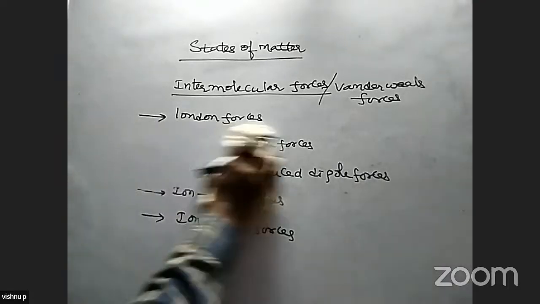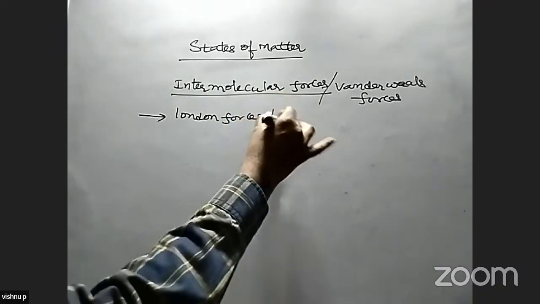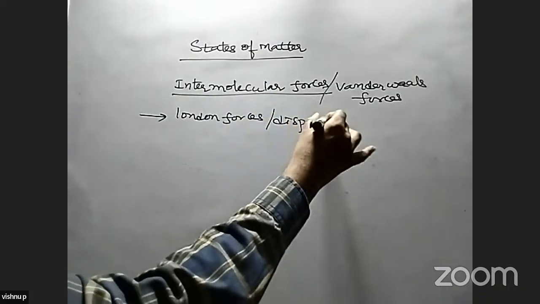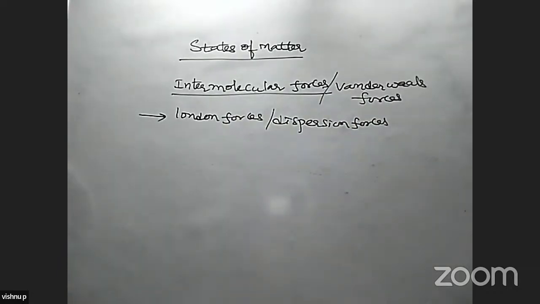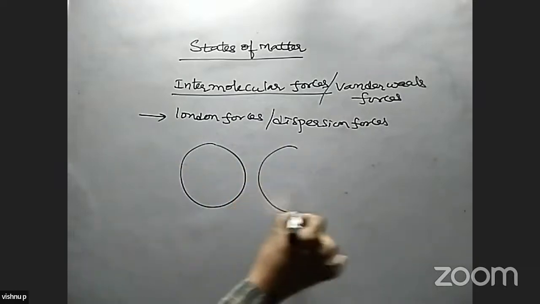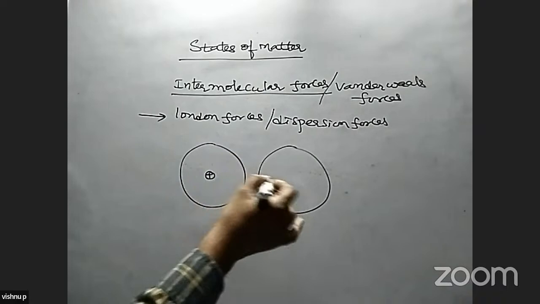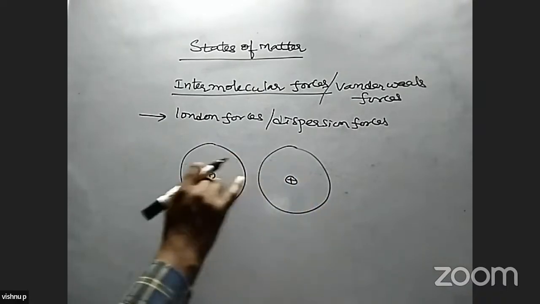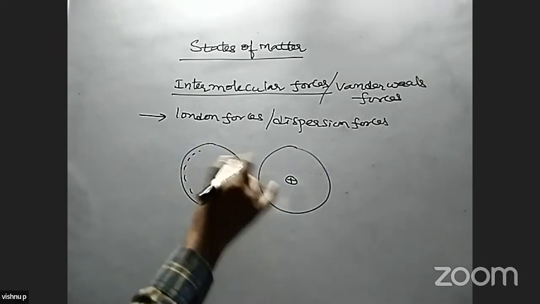First, we start with the London forces. One more name is dispersion forces. It is applicable for what type of molecule? Non-polar molecules. In a non-polar molecule, for a very short or instant time, the electrons move to one side.